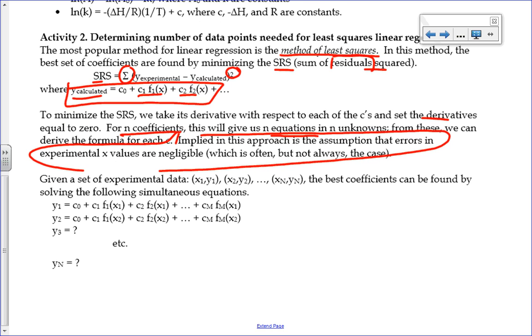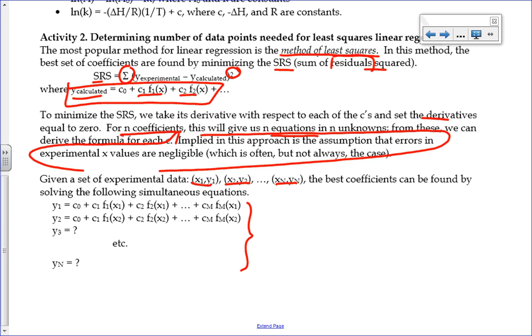So given a set of experimental data x1, y1, x2, y2, and so on up to xn, yn, you have n unknowns and n data points, so you just solve your simultaneous equations.